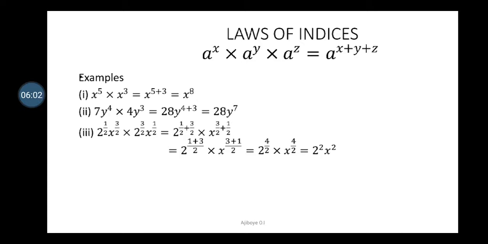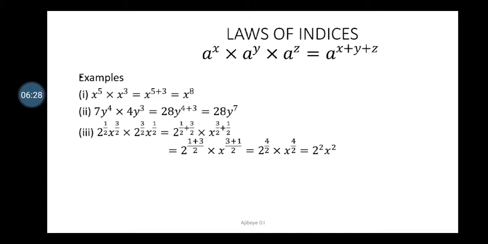It is therefore on that y that you would apply the laws of indices. So since you have y raised to power 4 and y raised to power 3, you only pick one y and then you sum the power. So that is 7 times 4 is 28, and then y raised to power 4 plus 3. So finally, you get your answer to be 28 y raised to power 7, since 4 plus 3 is 7.